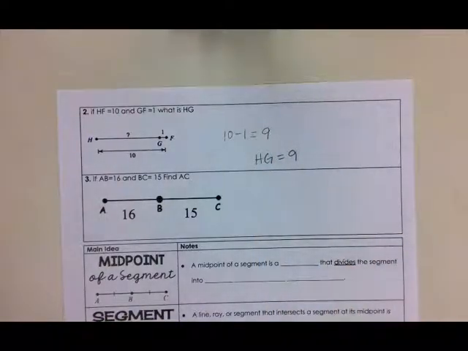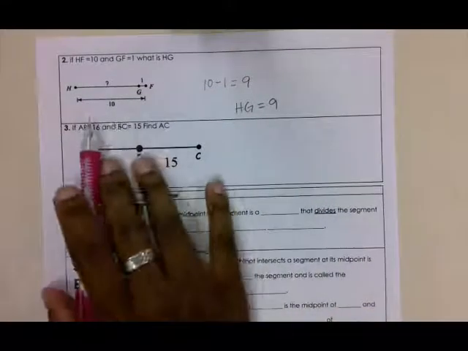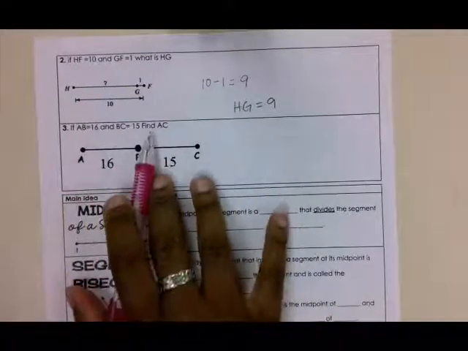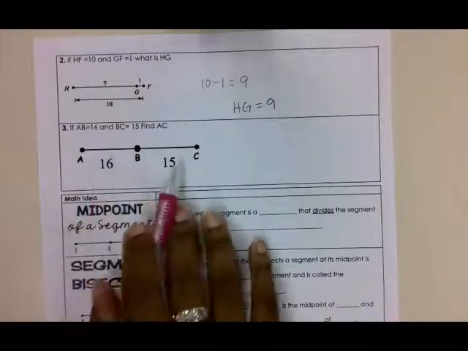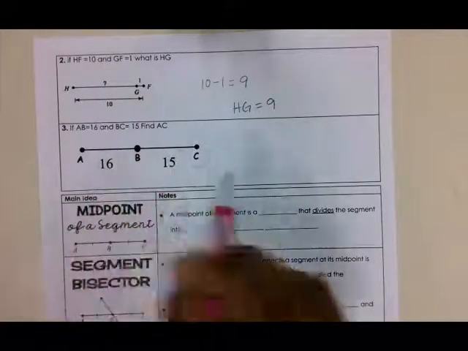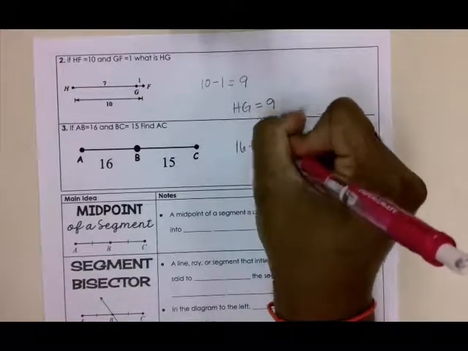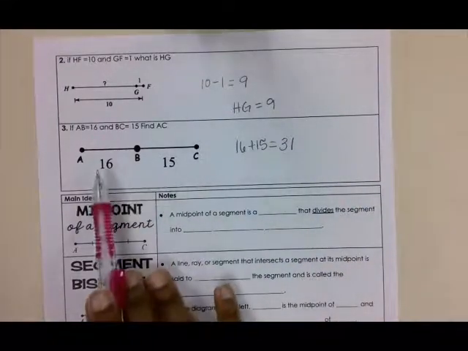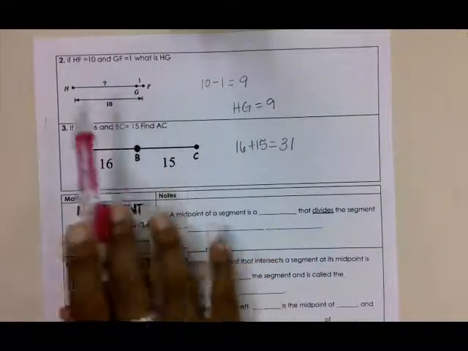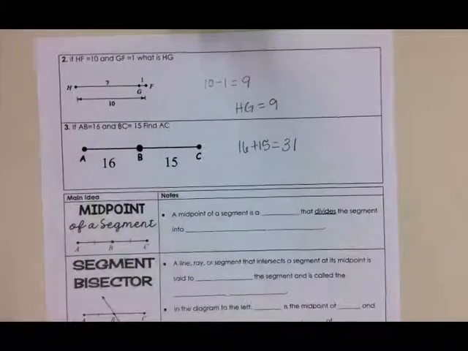Alright, number 3. AB and BC, find AC. AB, BC, they gave me part and part. So anytime I'm given both parts to find the whole, I add these together, and I get 31. So anytime they give me the parts, I add. Anytime they give me the whole, I subtract.